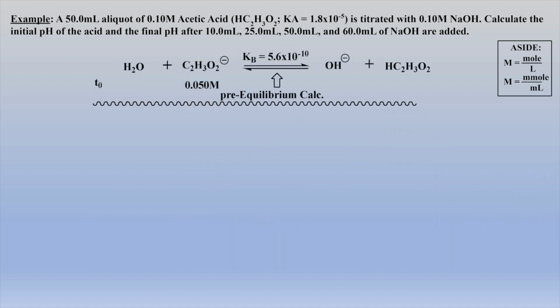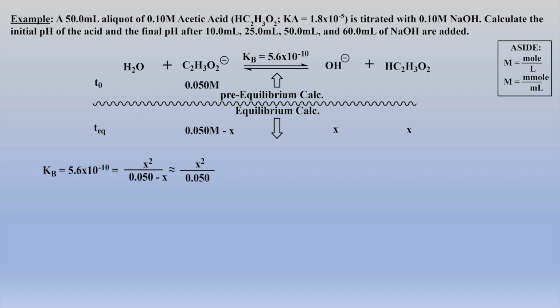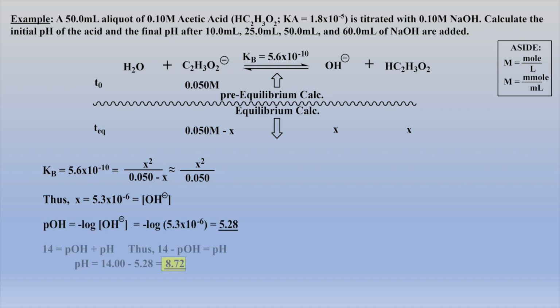With our pre-equilibrium calculations completed, we can now focus on our equilibrium calculation, which will include the initial concentration of acetate at T0 and the change in concentrations when at equilibrium. Our expected equilibrium concentrations are placed into the expression for Kb, the denominator is simplified due to the 5% rule, the concentration of hydroxide anion is calculated, followed by a pOH calculation, which is then converted to a pH.